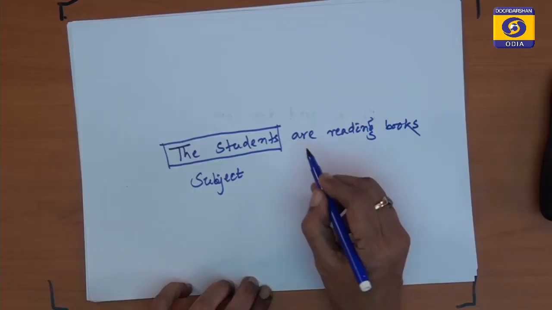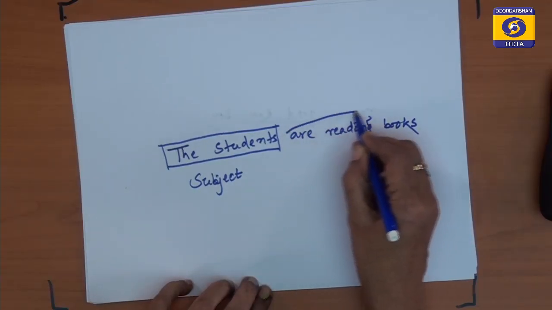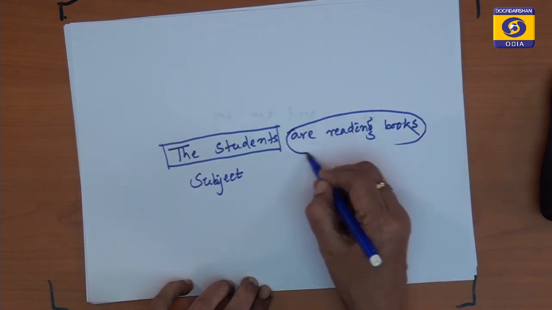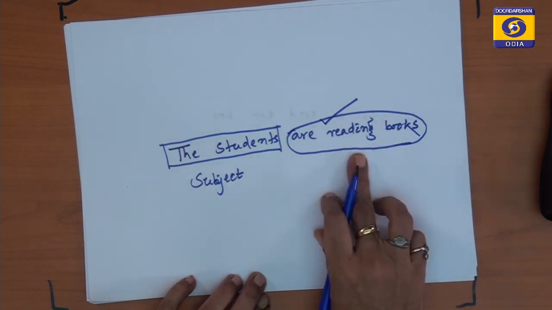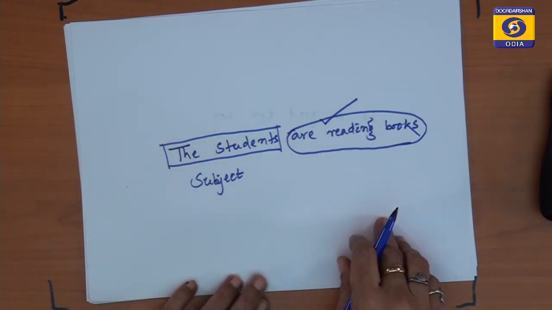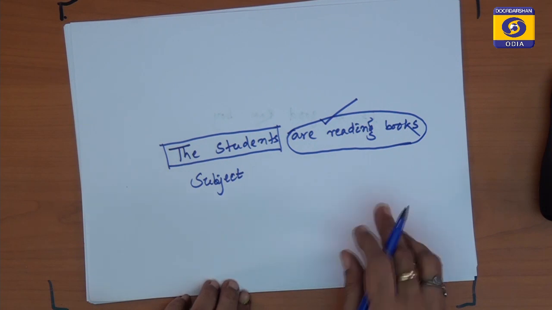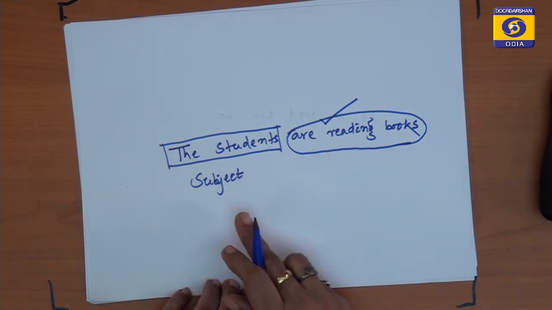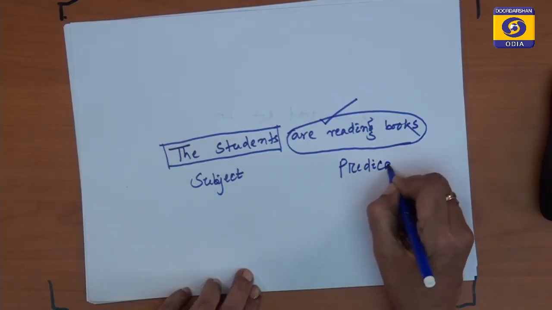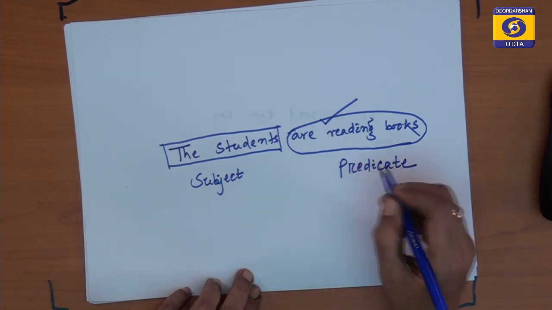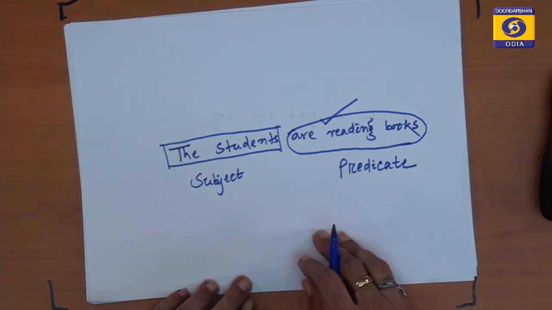It is told that the students are reading books. This part tells about the subject. The part which tells about the subject is known as predicate.